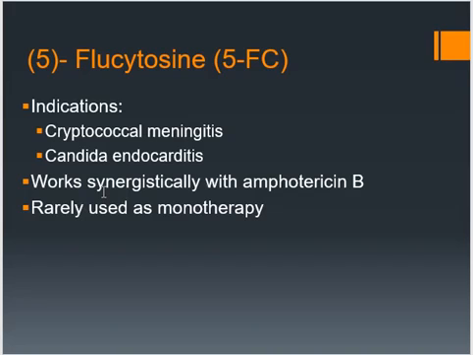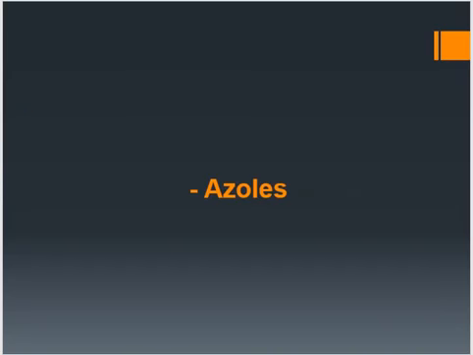So again, that's going back to that Goldie-Coleman hypothesis where you've got two different drugs with two different mechanisms of action and more or less non-overlapping toxicities. And this drug is rarely used as a monotherapy. You really see it used in combination regimens for various infections that are listed here. Okay, so let's take a break here and we will continue with the azoles in the next video.